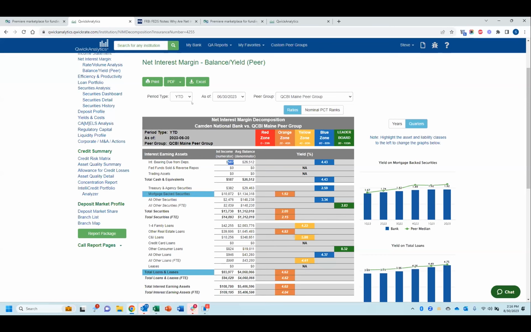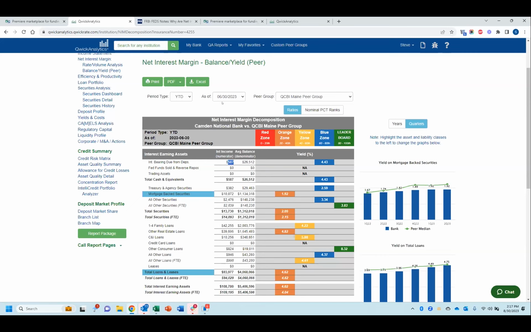If one of these asset types or liability types is not on schedule RC-K, then if we were calculating a quarterly average, it would be a 2-point average. If we were calculating this, for example, year to date as of June 30th, it would be a 3-point average of June 30th balance, March 31st balance, and 12/31 balance from last year. A 3-point average would give you a first half of the year average without those daily averages from schedule RC-K.